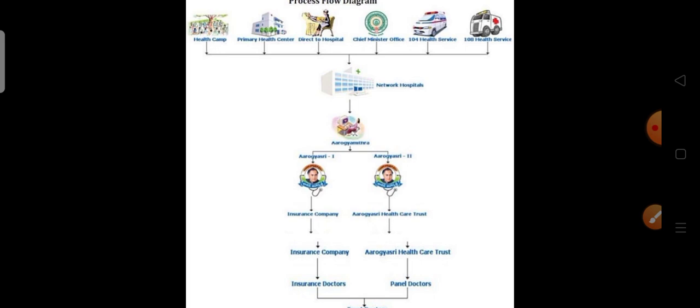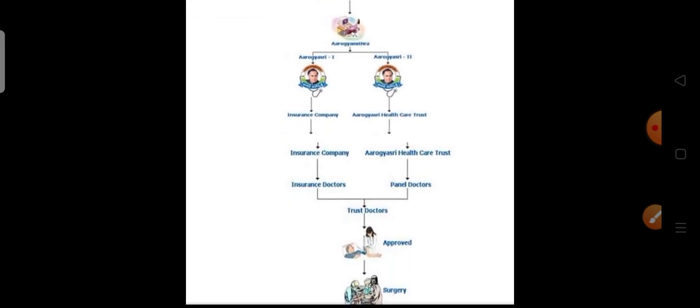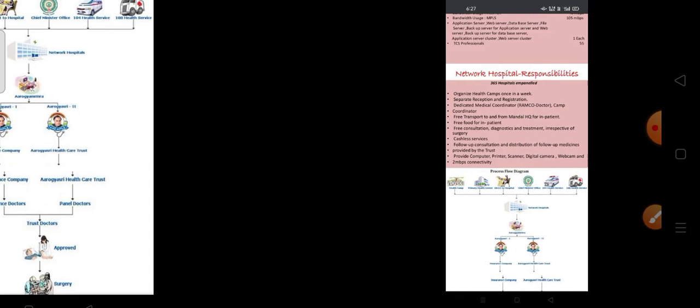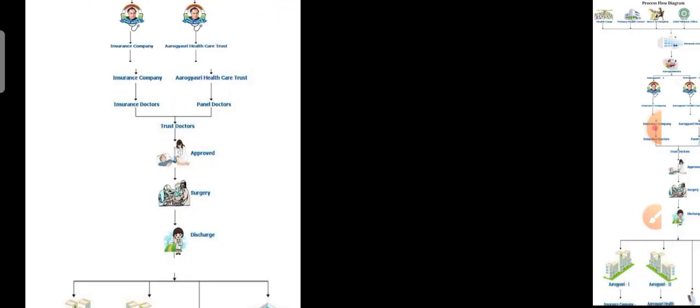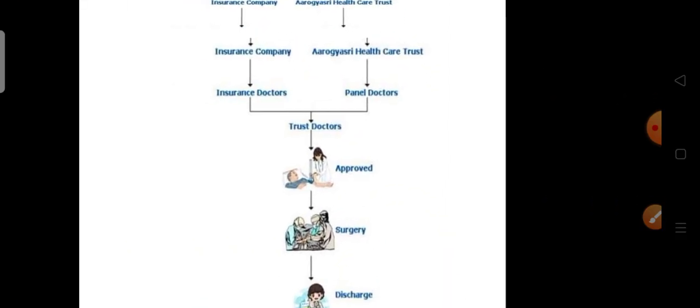They consult the Arogya Mitra, then contact the health insurance company members and consult the panel doctors. Among the panel doctors, only one doctor will trust, and after that they give the approval and then do the surgery. After surgery, they will discharge.